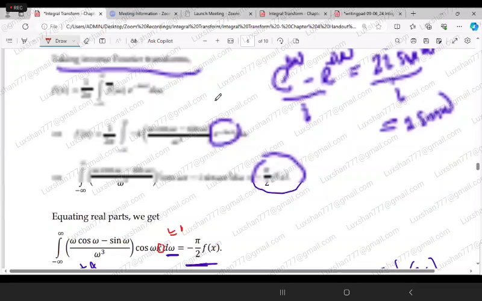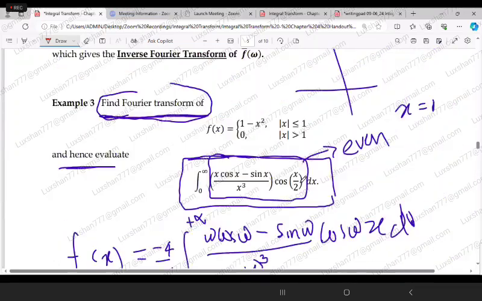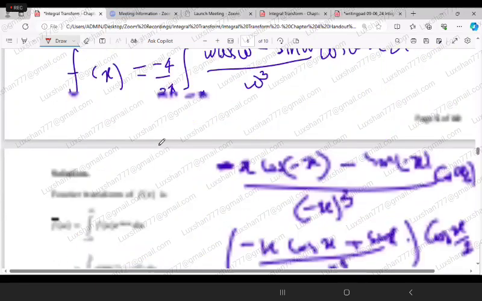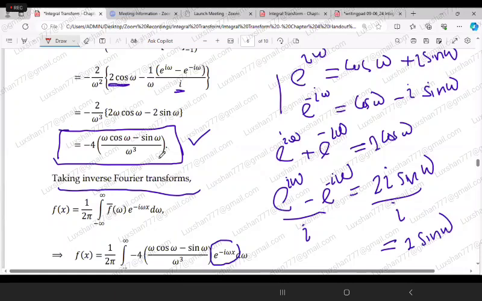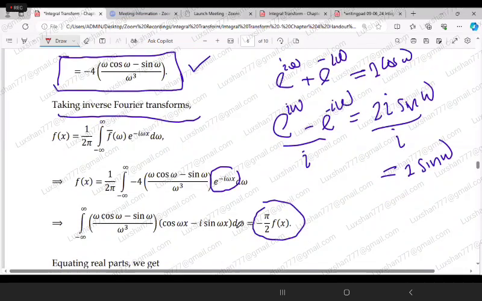Here, since it was x by 2 only, we put that one. Okay, right. So I think you understand this one. Do you understand this one, students? Tell me whether you understood this one.